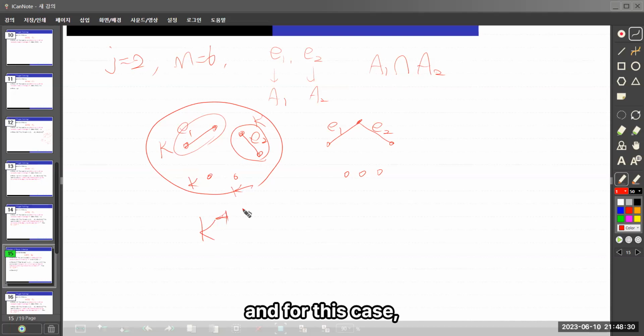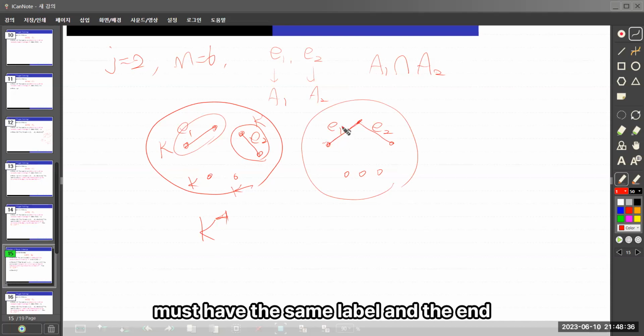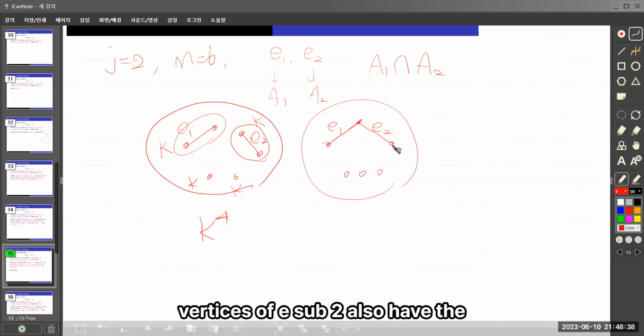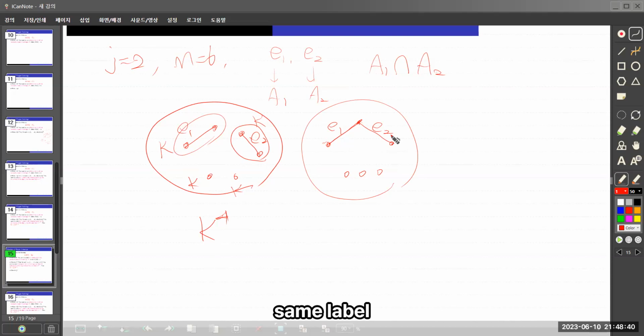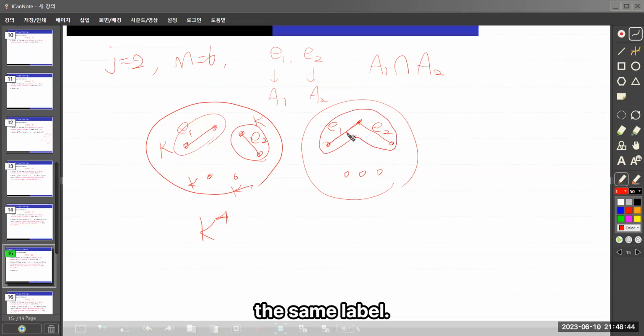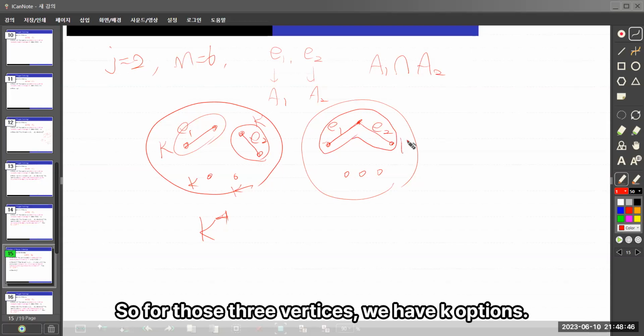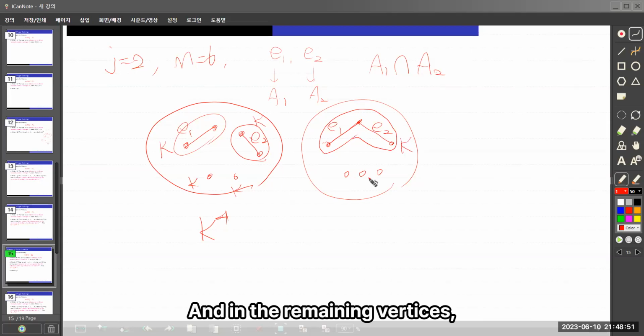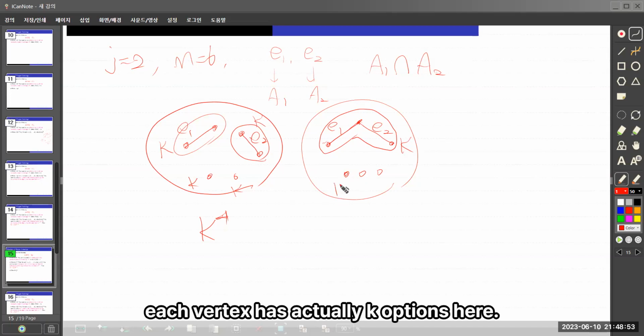For the other case, the end vertices of e_1 must have the same label, and the end vertices of e_2 also must have the same label. This means that those three vertices must have the same label, so for those three vertices we have k options, and each remaining vertex has k options.